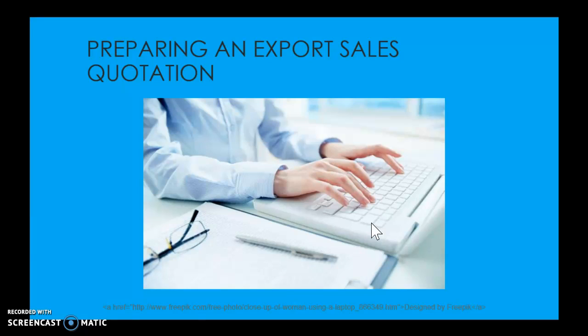And you may want to quote in US dollars. As we said, the dimensions and the weight, a trade discount if there is one, the delivery point, terms of sale, terms of payment, insurance and shipping costs, how long the quote is valid for.